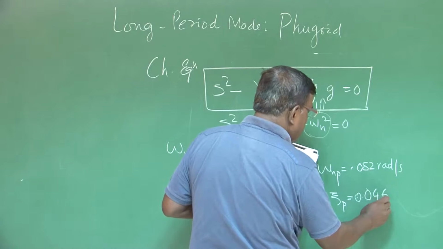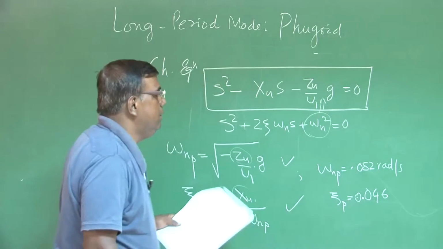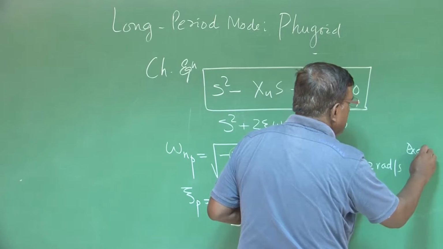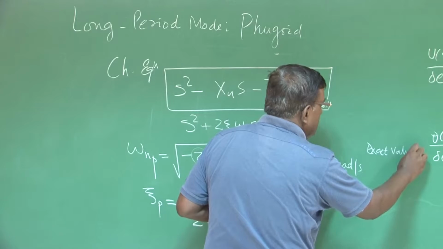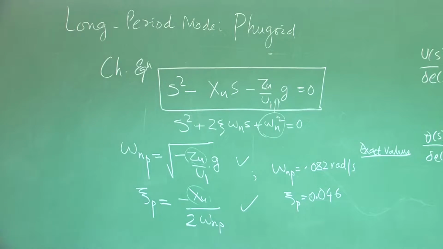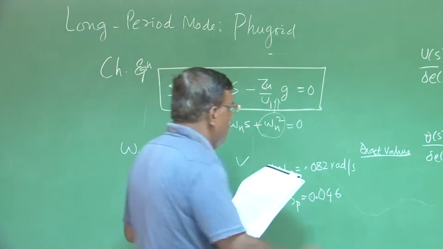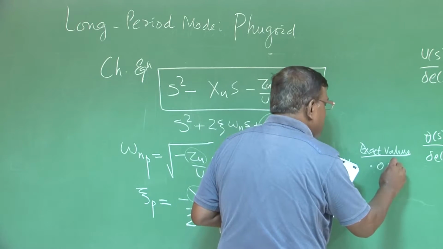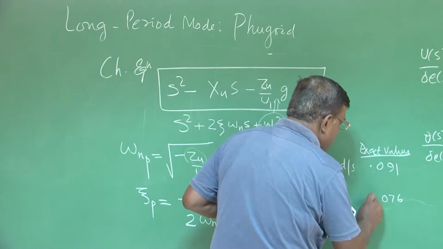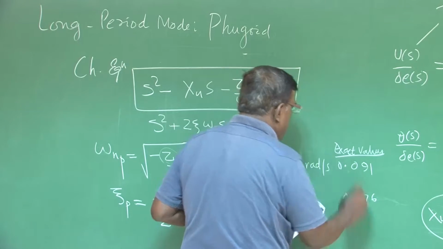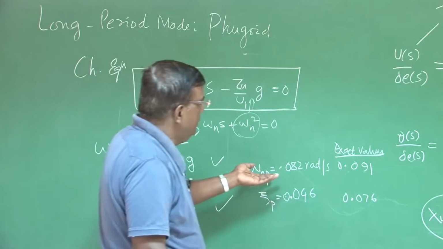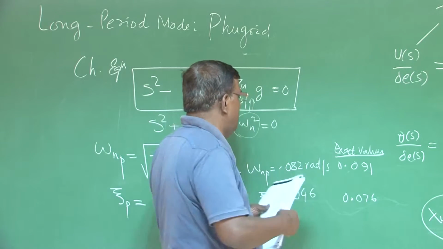But if you recall, the exact values were earlier computed by solving A s to the 4 plus B s cube plus C s square plus D s plus E equal to 0. Those values were 0.091 and 0.076.